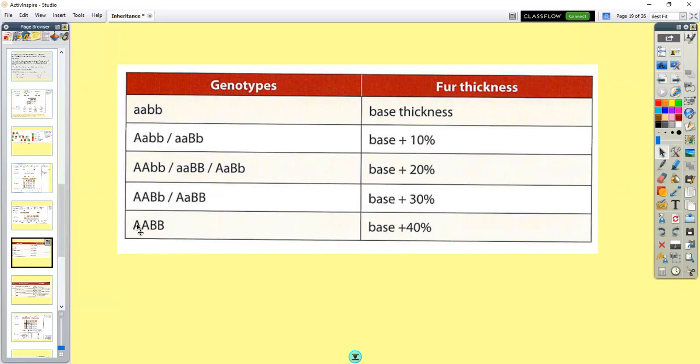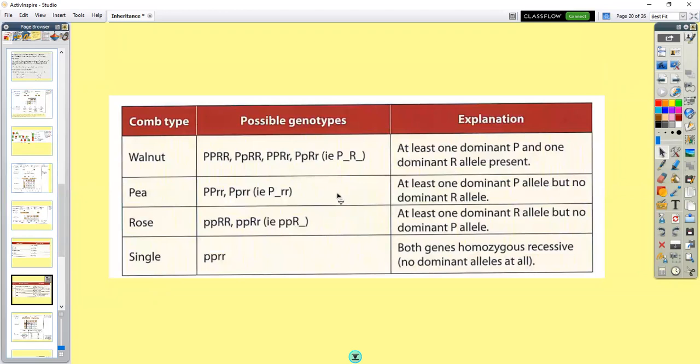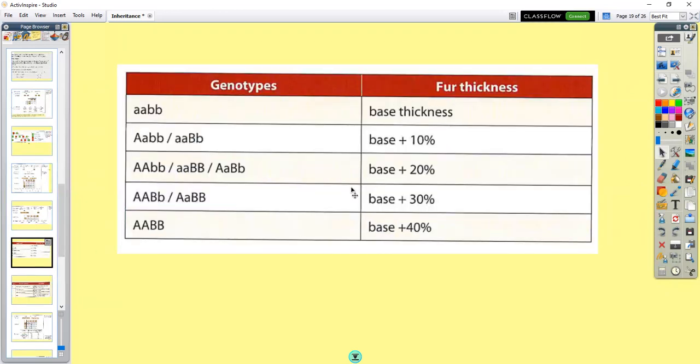The homozygous dominant has the 4 big letters, so that would add 40%. So it gives you that type of effect based on if you have dominant alleles or recessive alleles up the top, where it's just the base thickness.